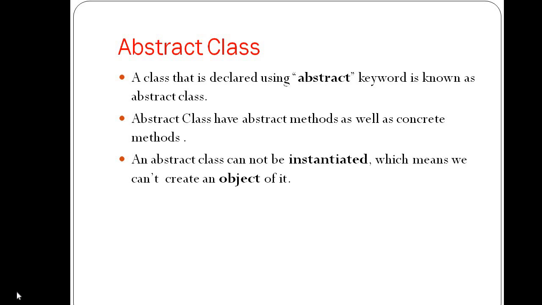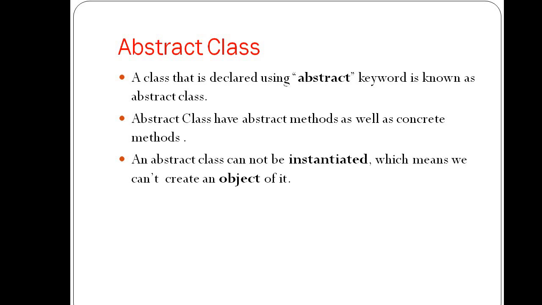A class that is declared using the abstract keyword is known as an abstract class. That means if you have to create an abstract class, it is compulsory to use the abstract keyword. An abstract class can have abstract methods as well as concrete methods.